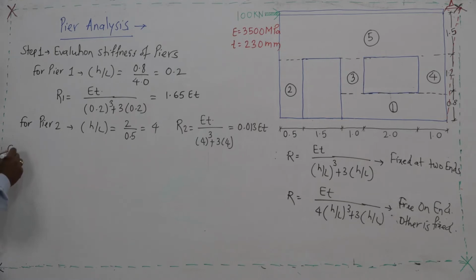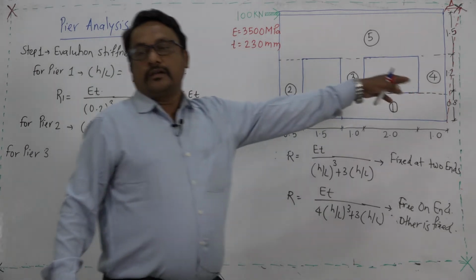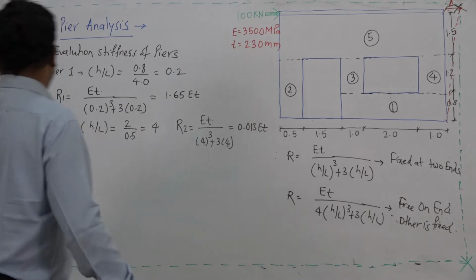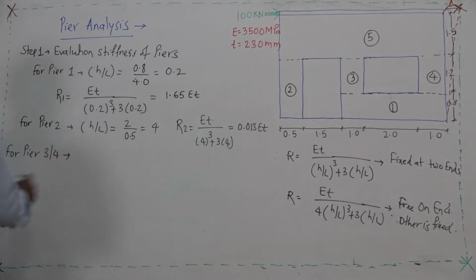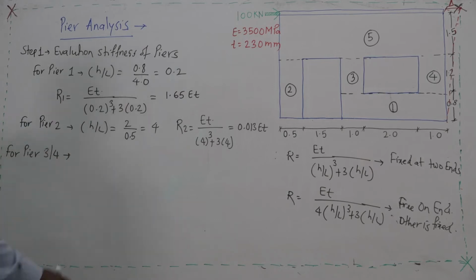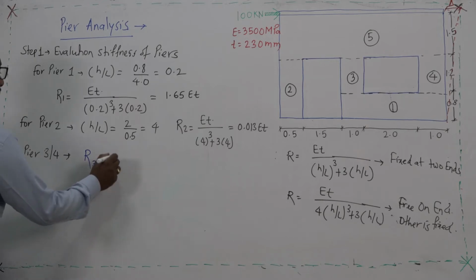Then we will consider for pier 3 as the 3 and 4 having the identical aspect ratio, identical size. So, for 3 and 4 the value of the R or value of the stiffness will be same. So, I will write here, R either 3 or 4 will be same.